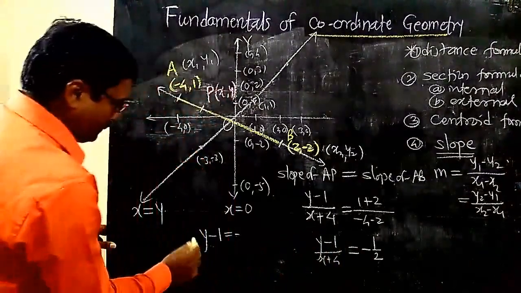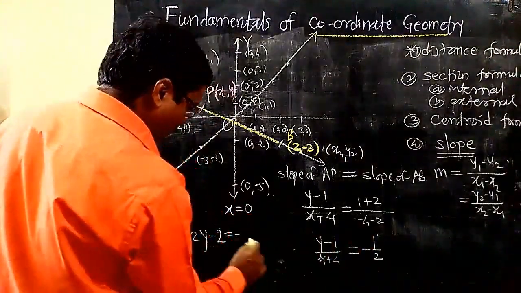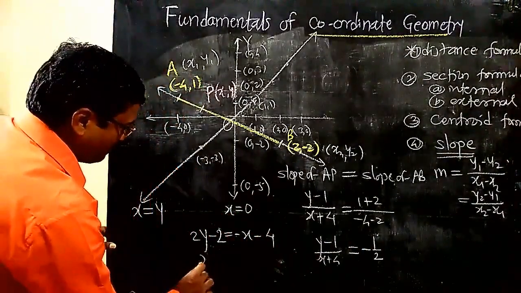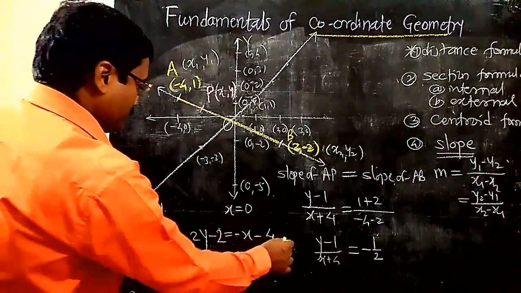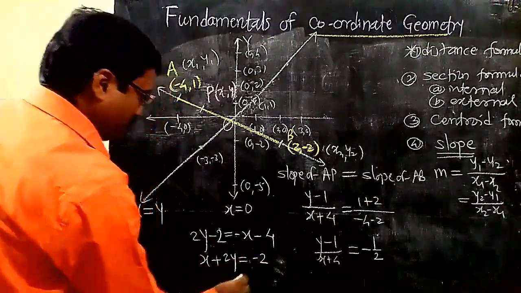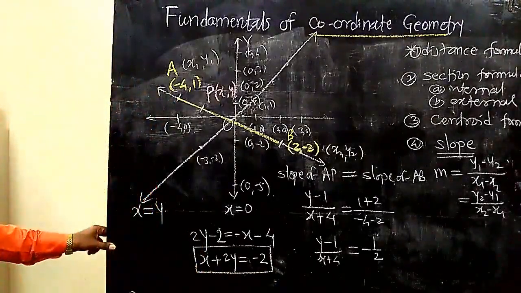Multiplying this by 2, we get 2y minus 2 equal to minus x minus 4. Taking x to the left, we get x plus 2y. Taking this minus 2 to the right, we get plus 2, that is equal to minus 2. So this will be the equation of the line.